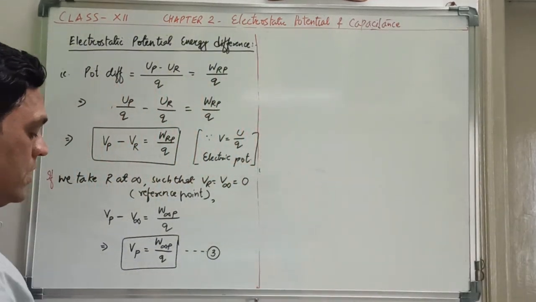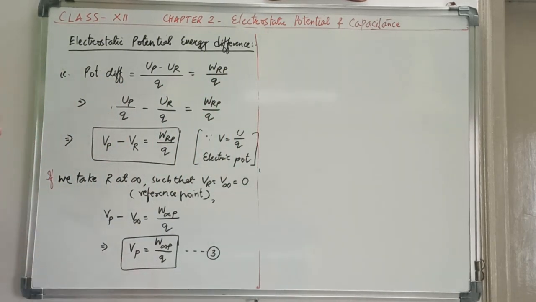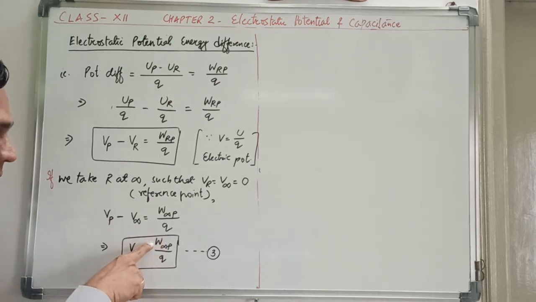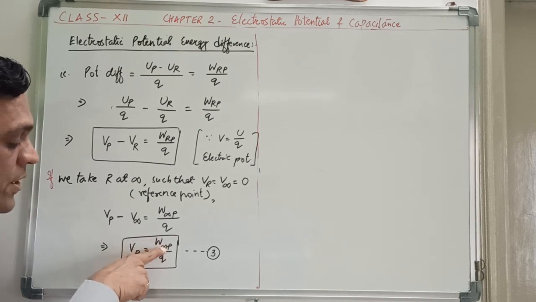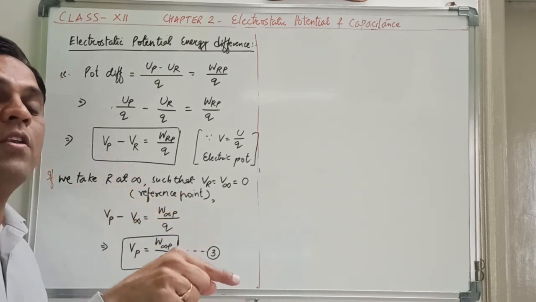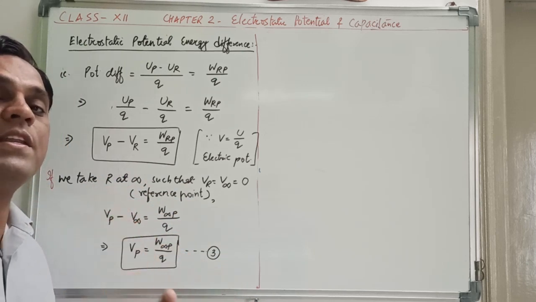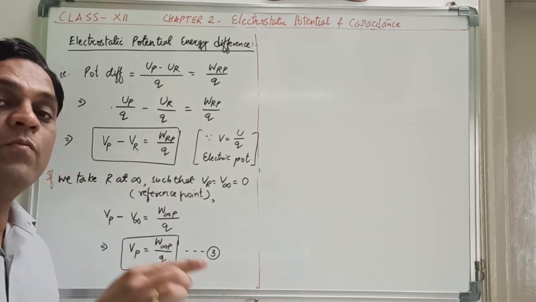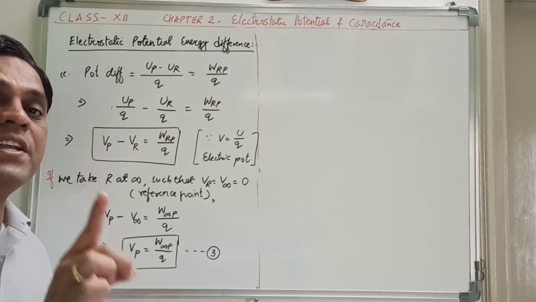So electric potential at point P is defined as, okay, I am giving you the definition now. Electric potential at point P is defined as work done to bring a unit positive test charge from infinity to the given point in electric field configuration of any arbitrarily charged configuration without changing its kinetic energy.